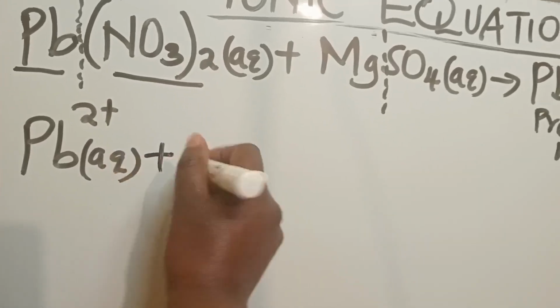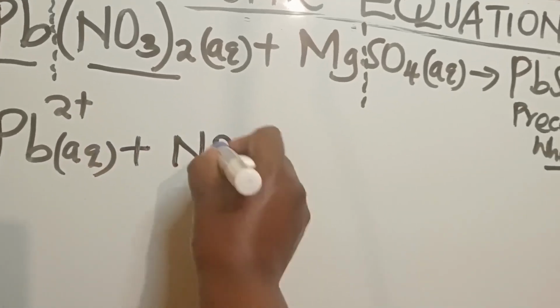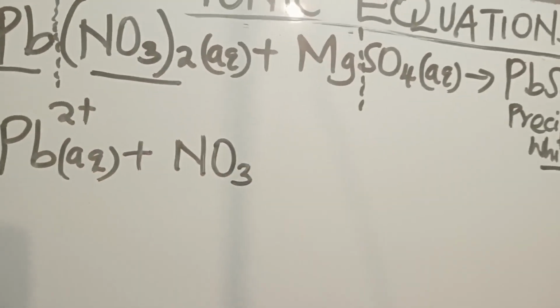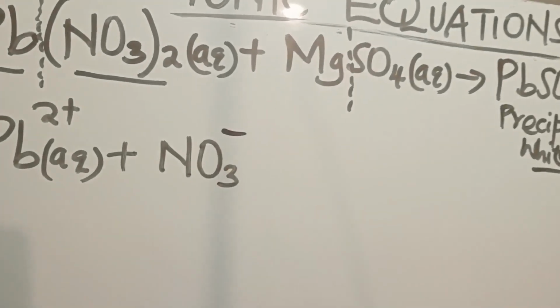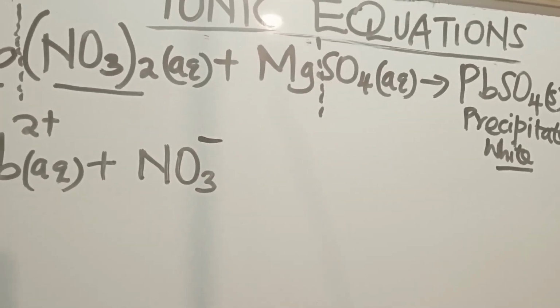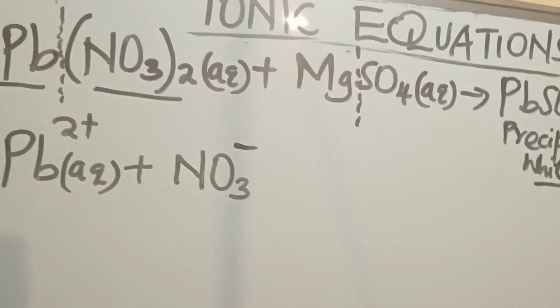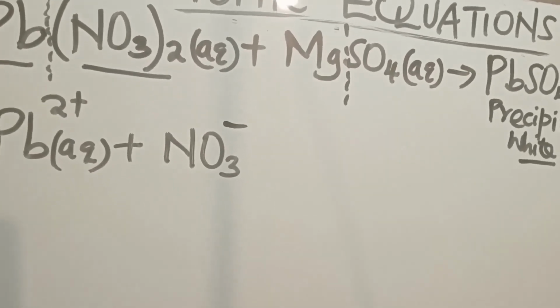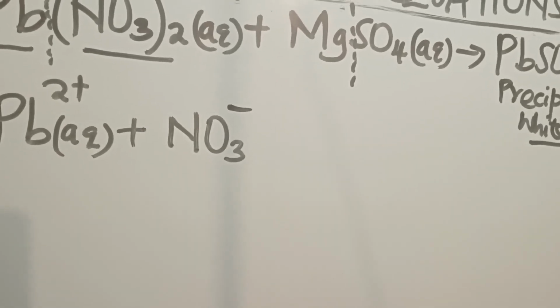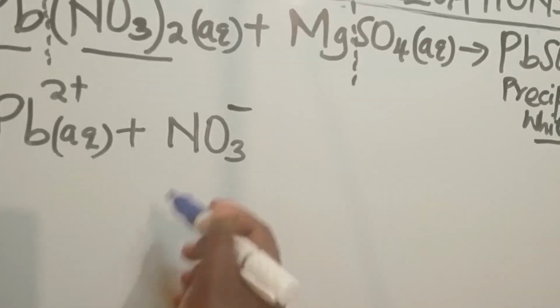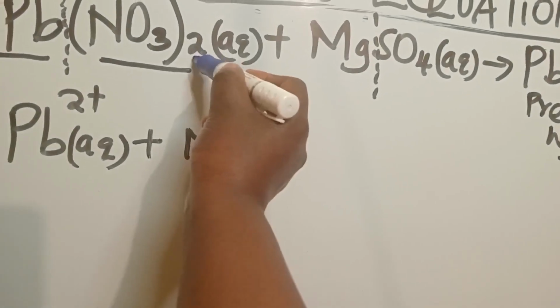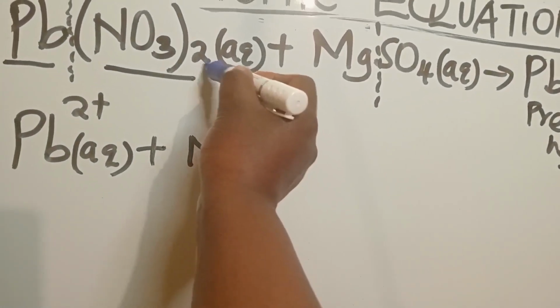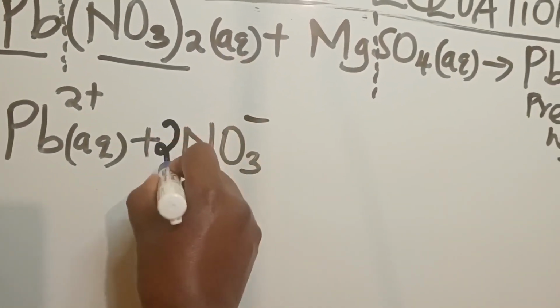Then we have the nitrate ion. The nitrate ion is written like that. So you need also to go back to a previous lesson somewhere and check the formulas for various radicals. And then to balance the charges, that is why we have nitrates with a 2 here, meaning nitrates are 2.